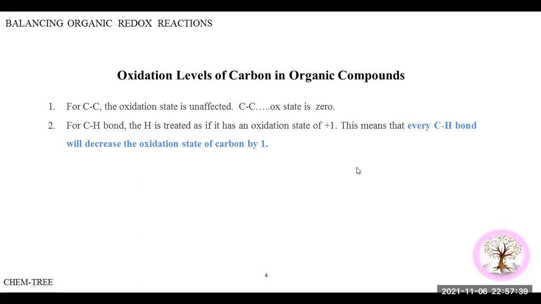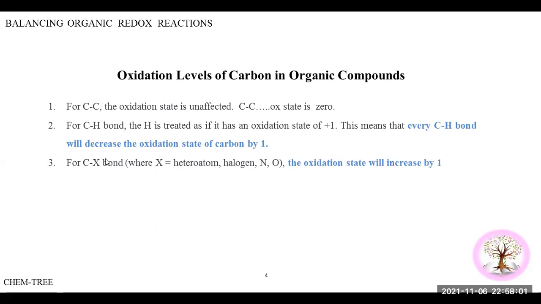It means that every carbon-hydrogen bond will decrease the oxidation state of carbon by 1. So you will count -1 for carbon, because -1 for carbon and +1 for hydrogen neutralize, and the total oxidation state is always equal to 0 for any compound.